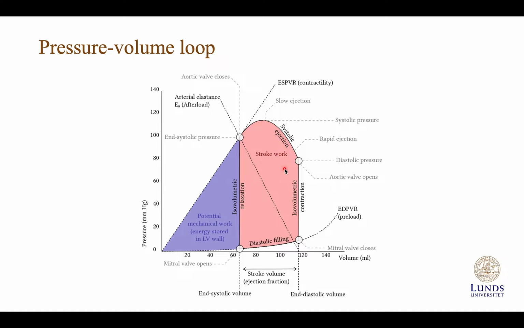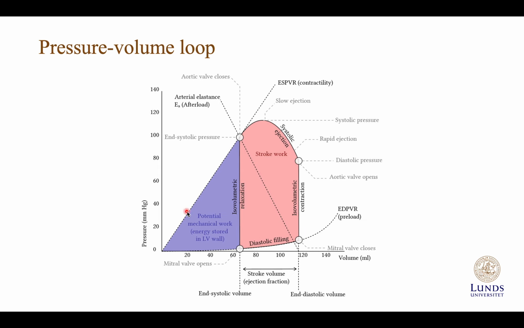So the energetic consequence of this is that at end systole, there is mechanical energy produced by the left ventricle that can be divided into two. Stroke work, which is the energy used to eject blood, which is marked by the red area here.